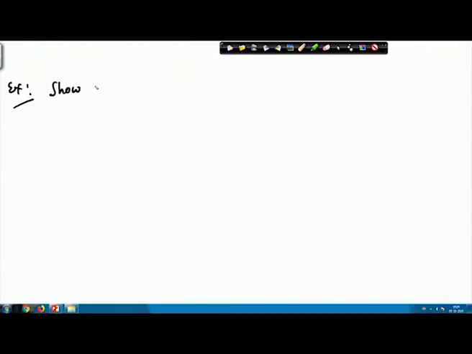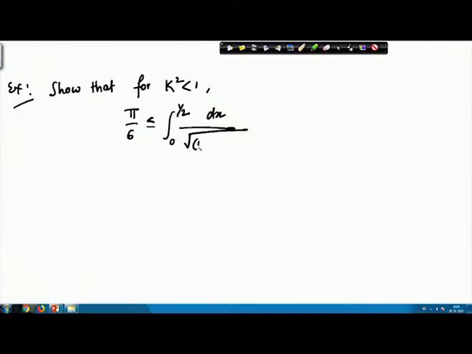Show that for k square less than 1, pi by 6 is less or equal to integral from 0 to half dx divided by square root of 1 minus x square times 1 minus k square x square is less or equal to pi by 6 times square root of 1 minus k square by 4.